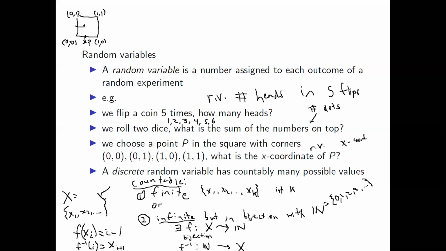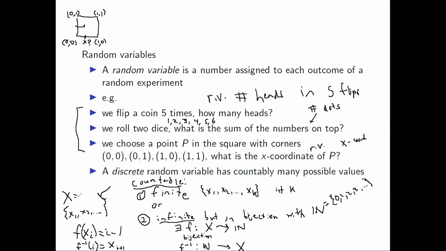So something being countable, it can be finite or it can be infinite. But if it is infinite, it must be in bijection with the natural numbers. And being in bijection with the natural numbers, that just means that we can list it like we list the natural numbers, like x1, x2, x3, x4, and so on. So we can look at these three random variables up here, and we can ask which of these are discrete.